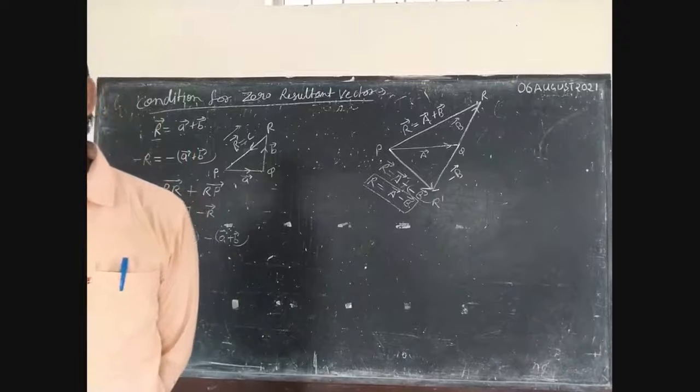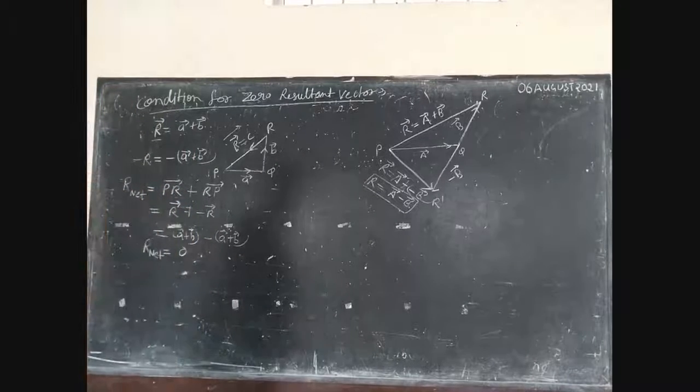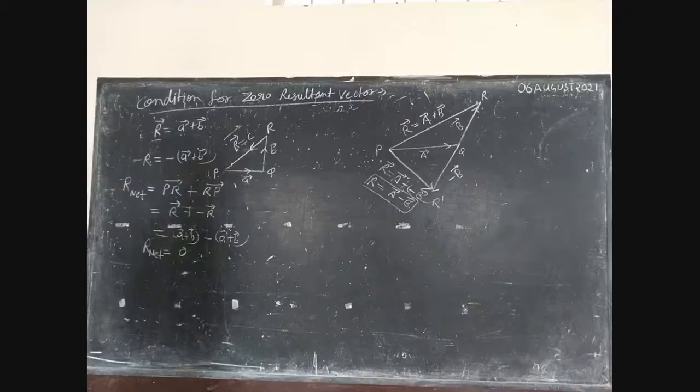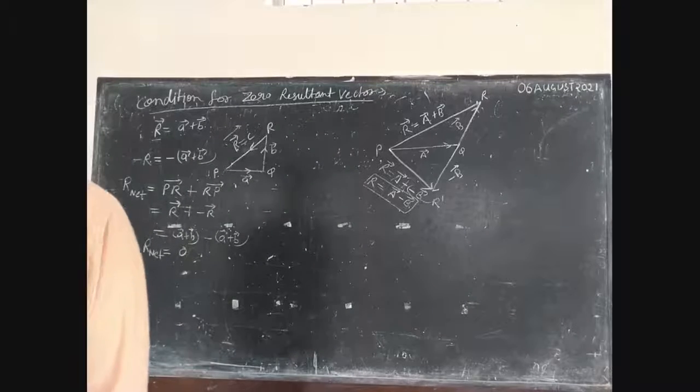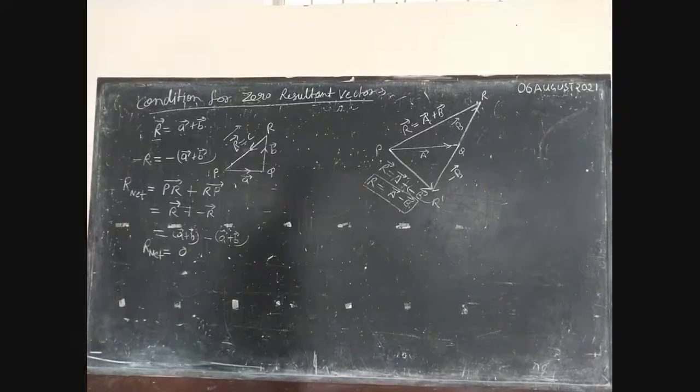This is called the condition for zero resultant vector. Okay, next point, write it.